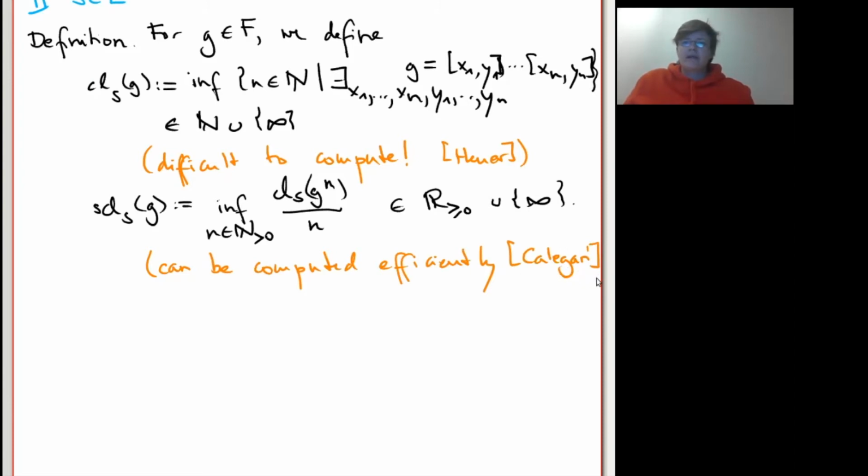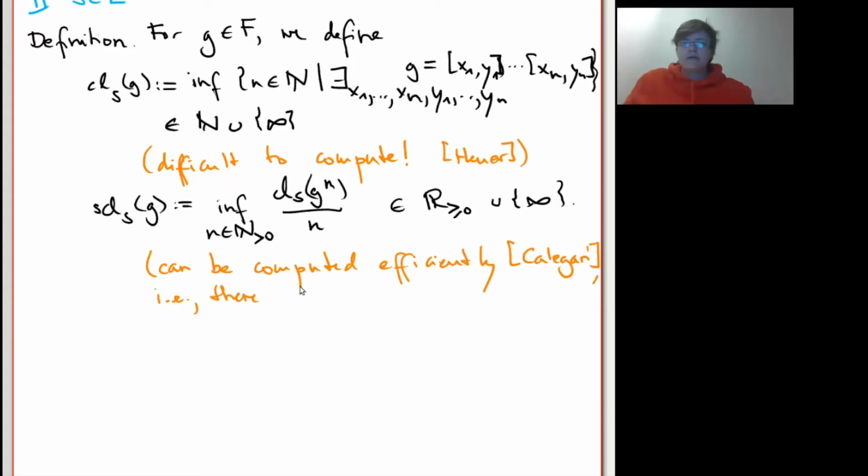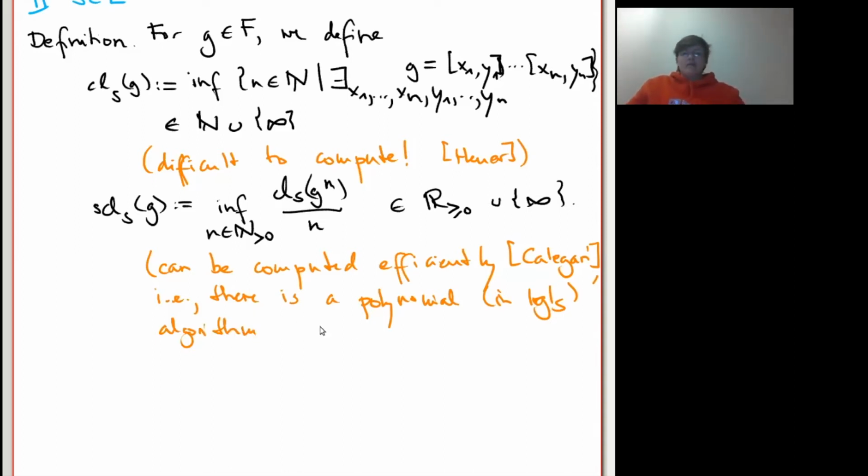Efficiently means there is a polynomial algorithm, polynomial in the length of the relator, or of the group element. And this is not only a theoretical result. I mean, what use is a polynomial algorithm that has, I don't know, degree 1000. It's not like that. You can use it in practice. It's a good algorithm in that sense.